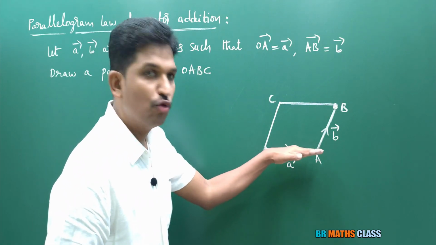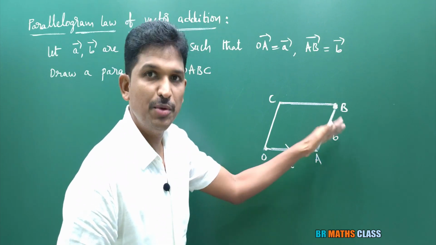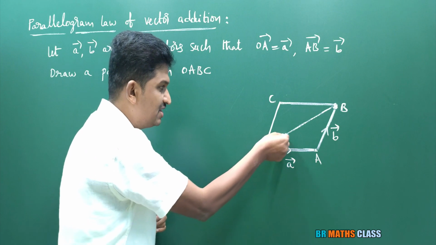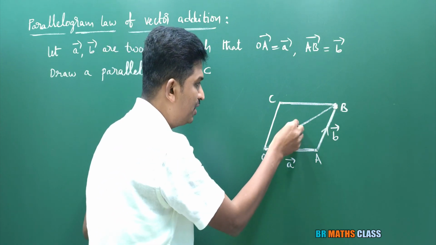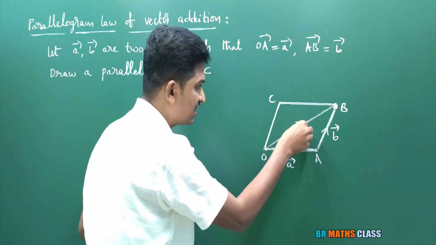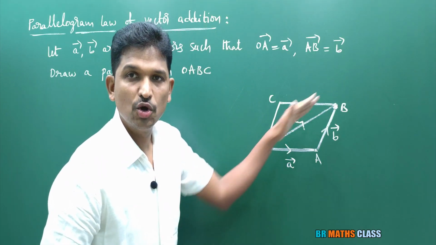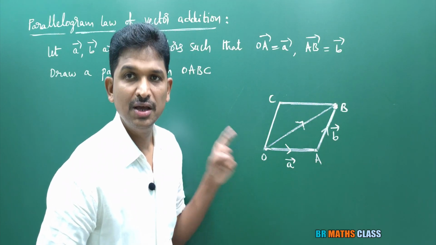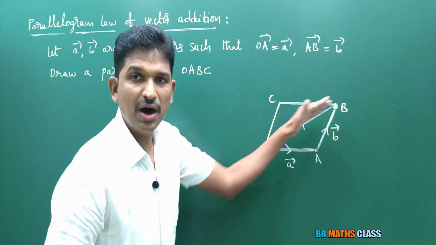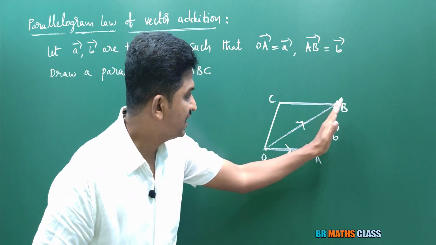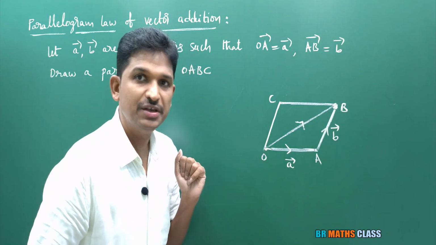You know that if OA bar equals A bar, AB bar equals B bar, then OB bar is the addition of these two vectors. OB bar is A bar plus B bar. You keep this in your mind. OB bar is the diagonal of this parallelogram. You observe the vectors AB bar and OC bar.